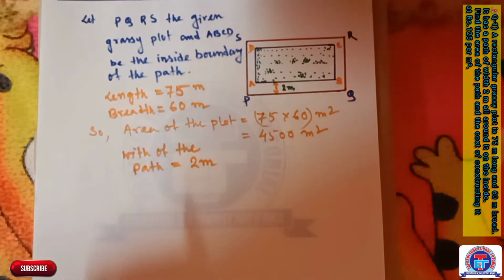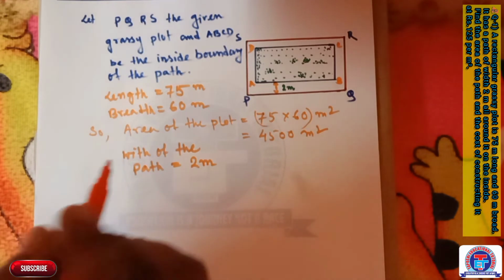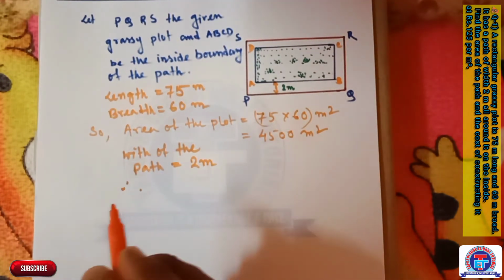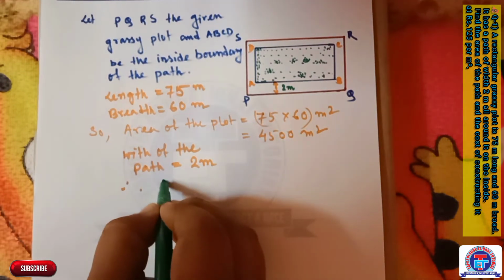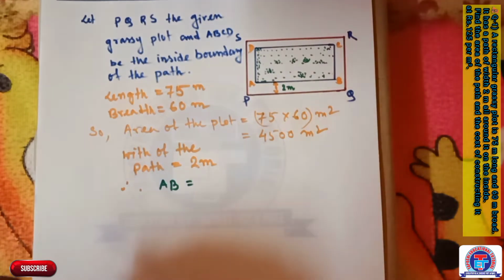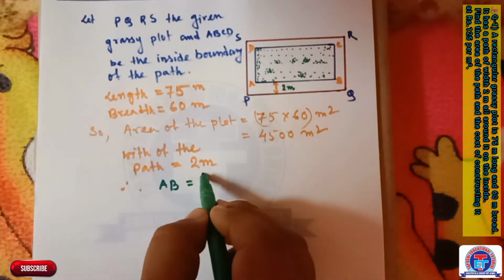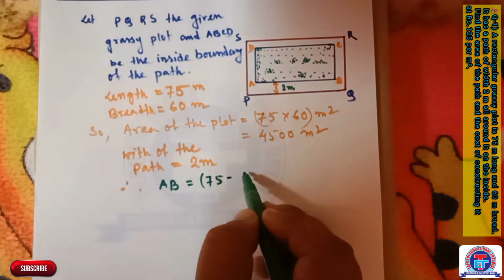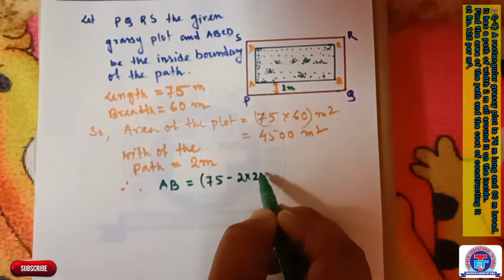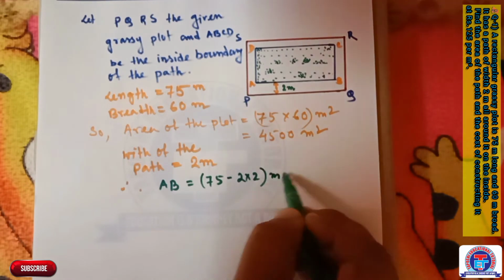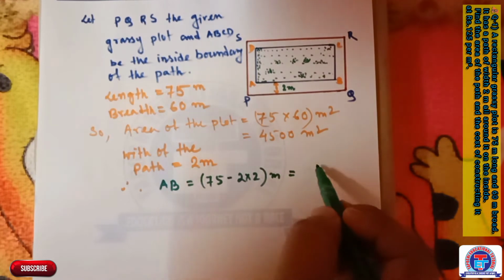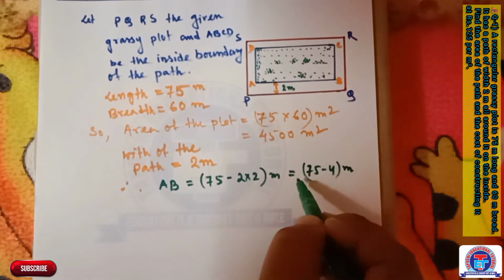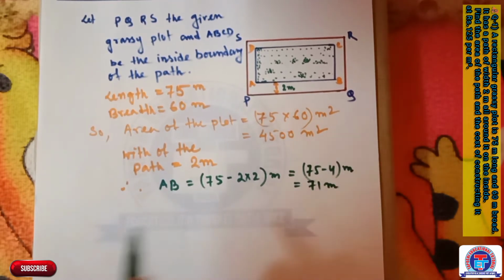Now AB, the length of AB, we can write AB is equal to 75 minus 2 into 2 meters, that is 75 minus 4 meters, which is equal to 71 meters.